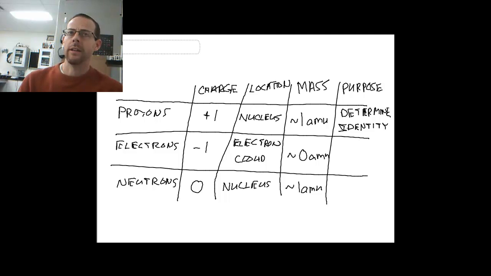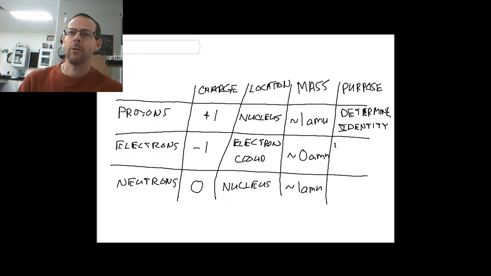So if it has 1 proton, it is hydrogen. If it has 2 protons, it is helium. And the atomic number is the whole number on the periodic table. So the number of protons you have is what element we're talking about.